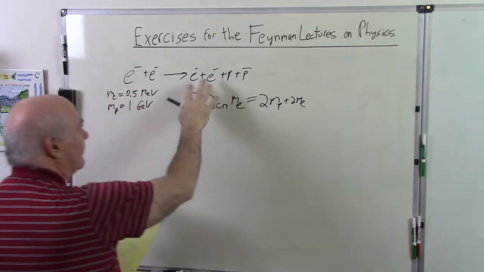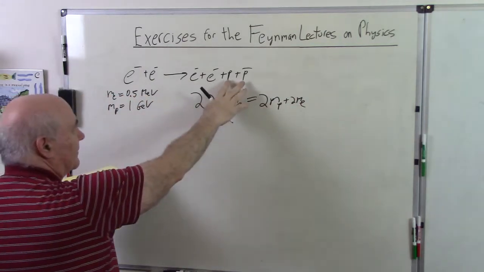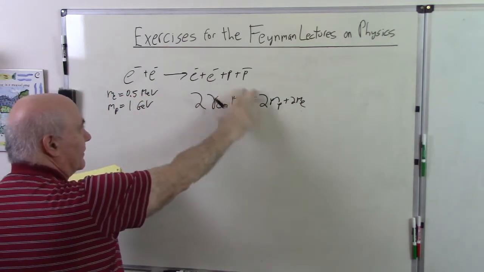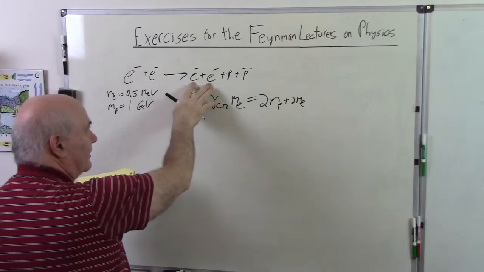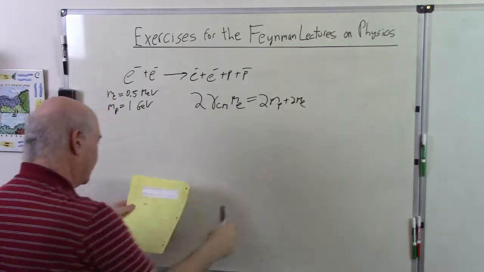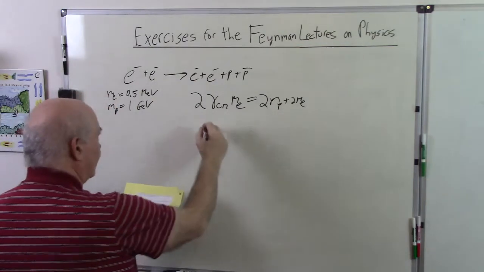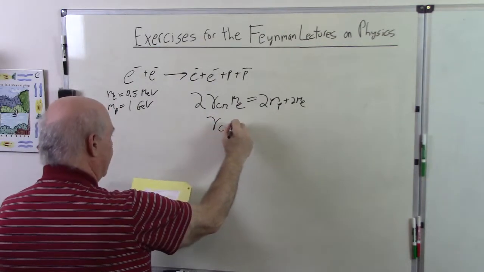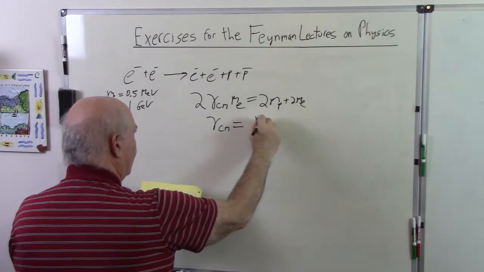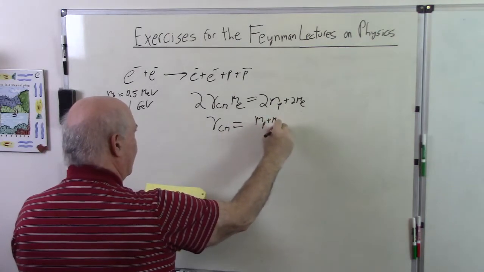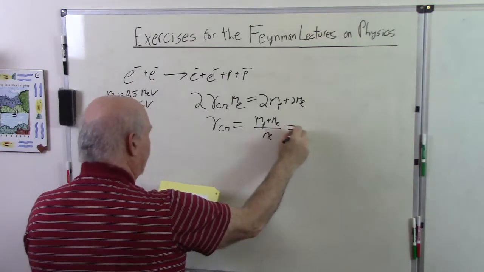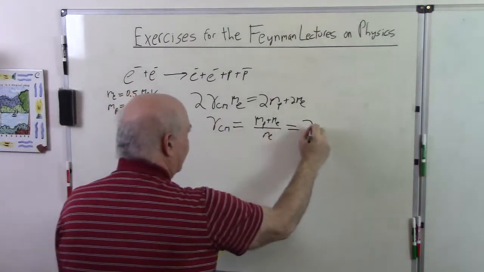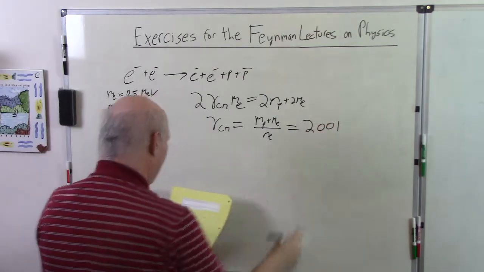So here the 4 particles are together. 2 of them are proton, antiproton, which have rest masses of mp. 2 of them are electrons, which have rest masses of me. So this gives us gamma CM equals mp plus me over me, which is, using these approximate numbers, about 2001.